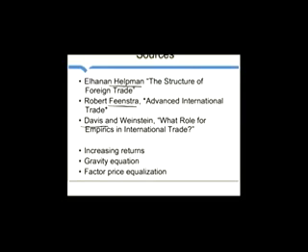There's also a paper online by Davis and Weinstein called What Role for Empirics in International Trade? For closely related issues to Heckscher-Ohlin, see also our videos covering the topics of increasing returns and international trade, the gravity equation, and also factor-price equalization.